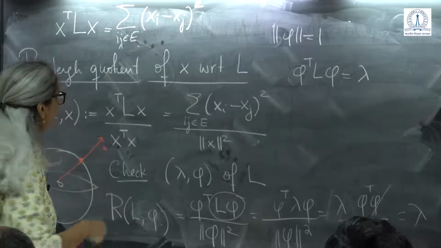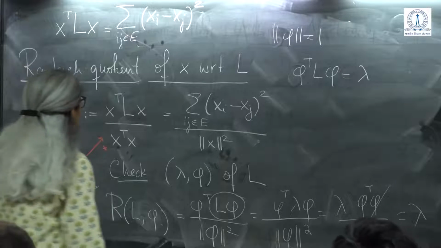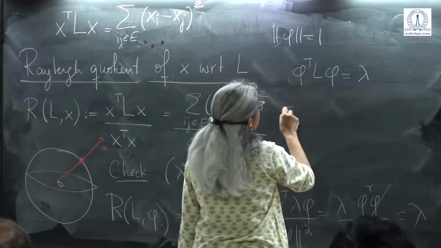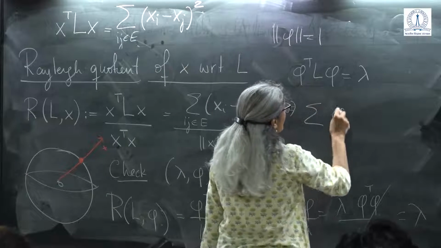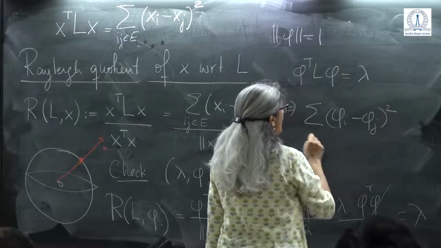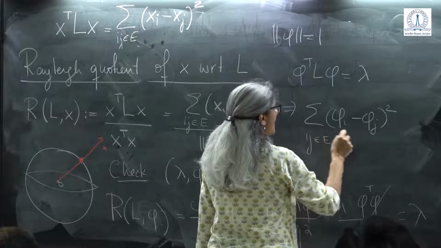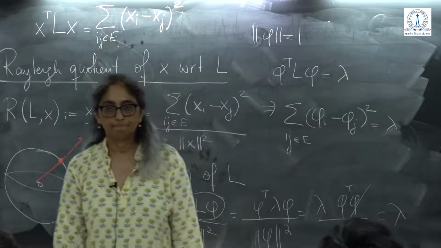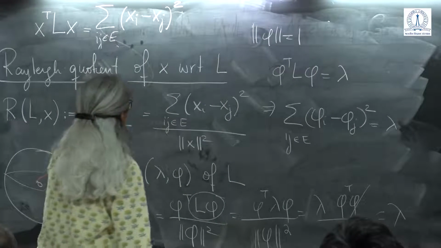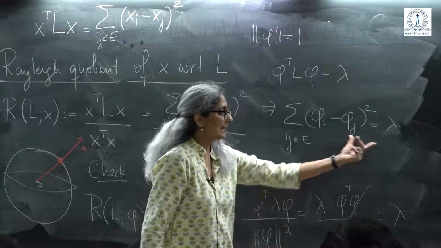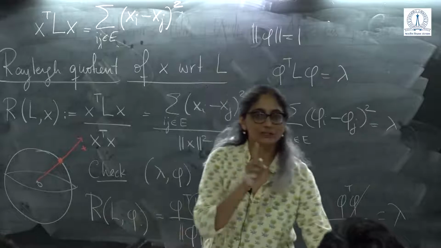So this is just the eigenvalue. And this, on the other hand, is this, right? So this implies that if you take the sum of phi i minus phi j squared over all edges, you get the eigenvalue, right? Because I just use the fact that this quadratic form is this for the Laplacian, all right?